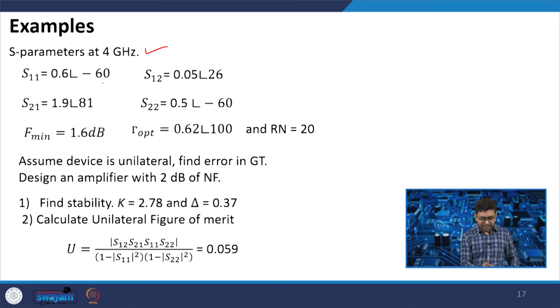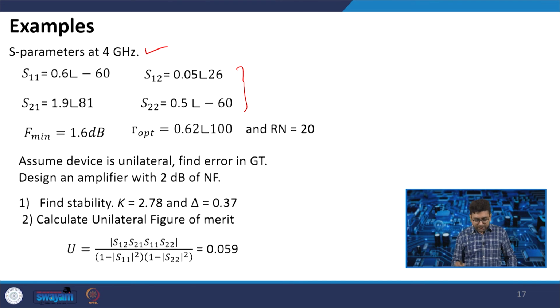We should have S parameters from the foundry. If you are using a separate device like from GaN or GaAs foundry, if you are using a single device, based on the biasing you will get the S parameters. If you are using a design kit by using a simulator, you will get the S parameters.